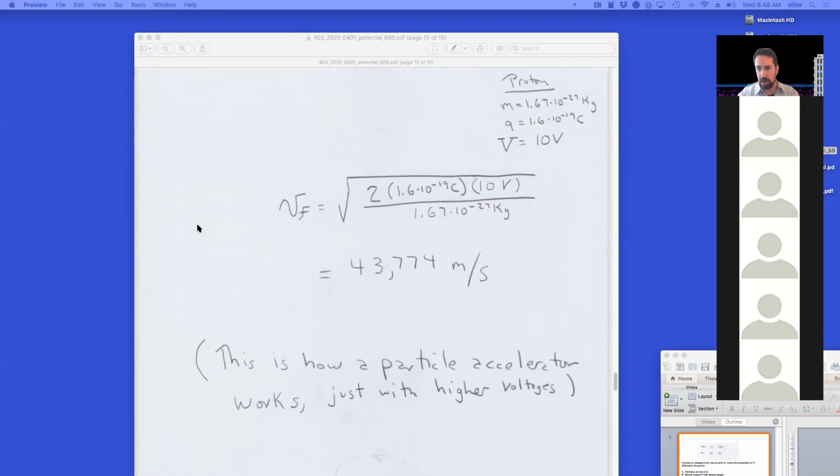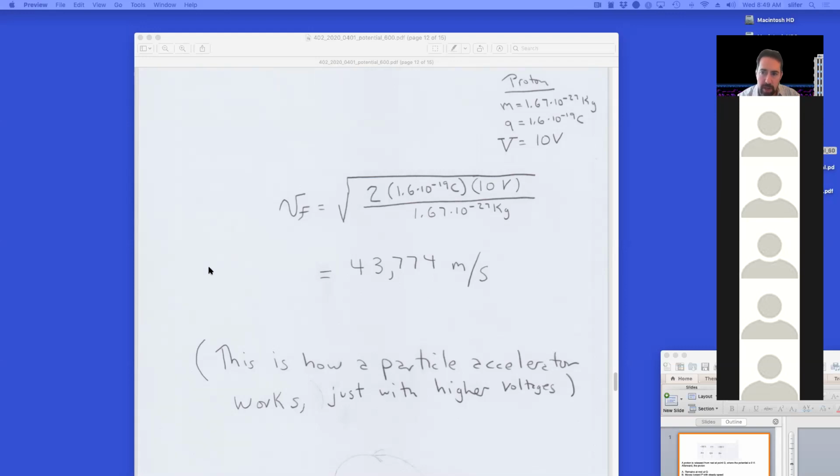And this is also how a huge swath of technology works, basically on this principle of accelerating charged particles. This is how a linear accelerator works if you're talking about particle research. For those of you going into the medical field, this is basically how you're going to create radioactive isotopes with a linear accelerator on a tabletop, so that you can use these as tracer elements in doing MRIs and PET scans and things like this.